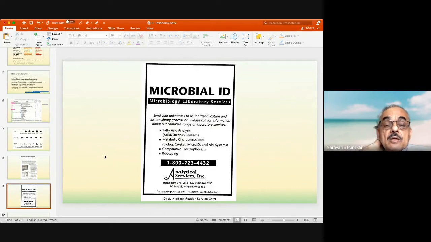It's almost like sending your chemical sample to a place: get me NMR data, get me IR data. So you send your microorganisms, it gives you a set of data, and you can sit and interpret that data to figure out which group it belongs to, and why it's classified so, with reference to the earlier material and literature. This is something which is done commercially today.